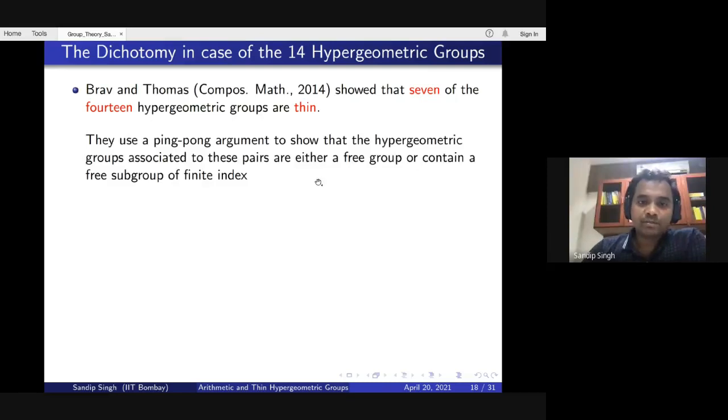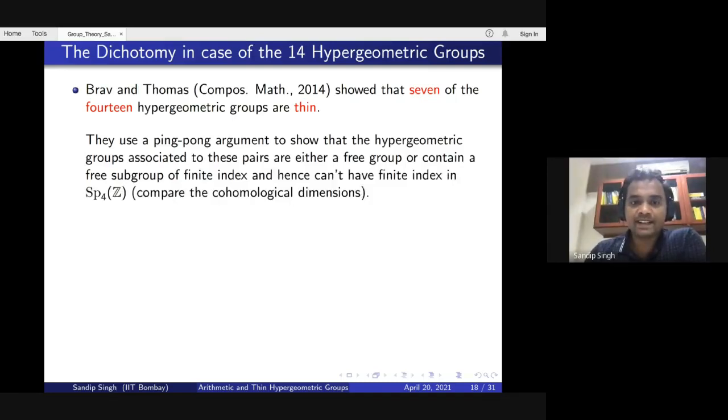They used a ping pong argument to show that the hypergeometric groups associated to these pairs are either a free group or contain a free group of finite index, and hence they can't have finite index in Sp4(Z). Right? Because the cohomological dimension of Sp4(Z) is 2 and free groups have 1.